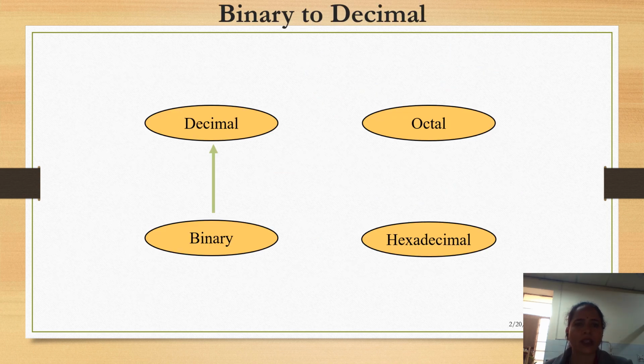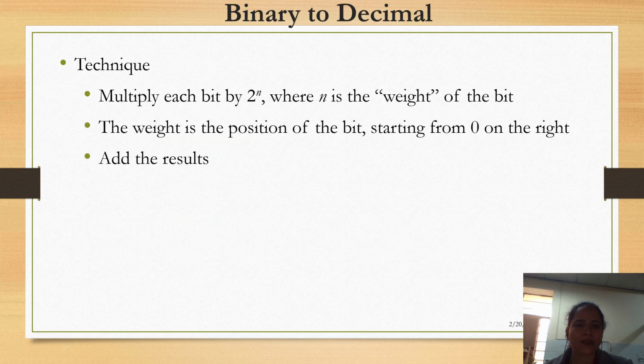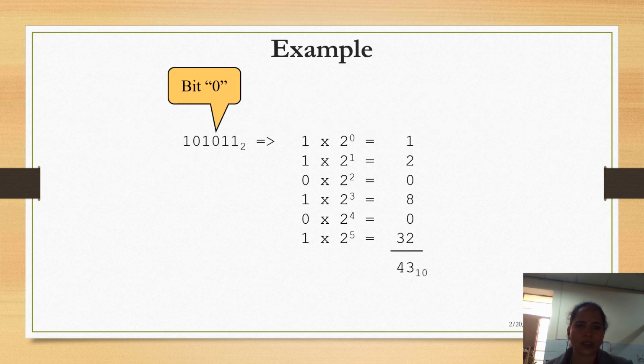Now here we take an example for binary to decimal representation. If we want to convert binary to decimal, we just multiply each bit by 2 to the power n, where n is the weightage. Take this one as an example.